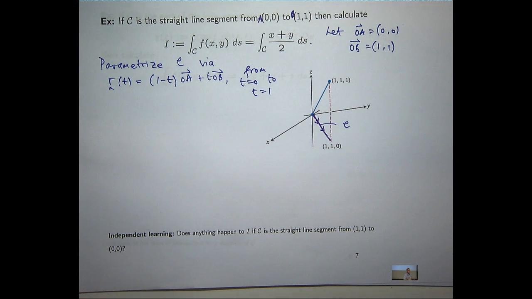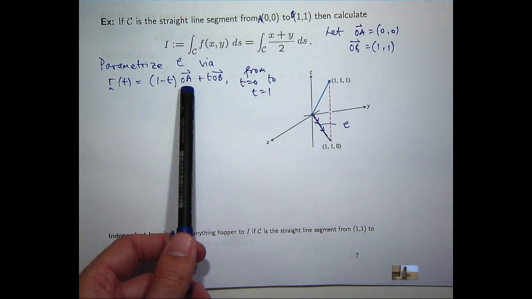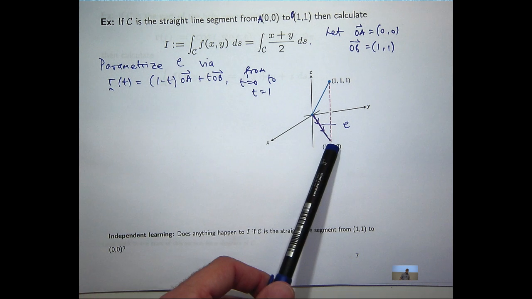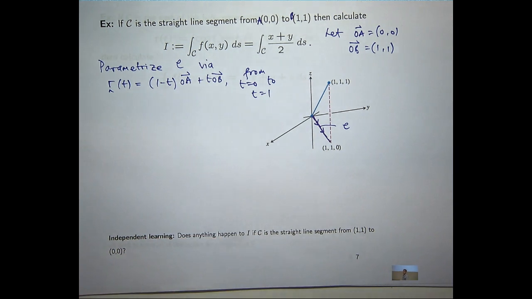Essentially, if you have the position vectors of two points, you can introduce this independent variable t and just have (1 minus t) times the starting vector plus t times the finishing vector, or the end vector, from t equals 0 to 1. To me that's the simplest, okay?